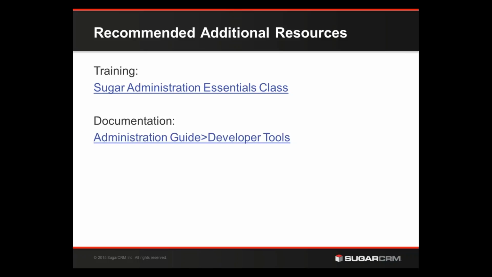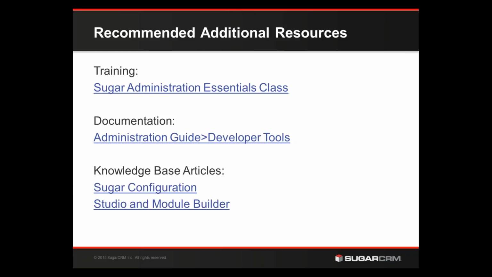There's also the developer tools section in the documentation, and there are several knowledge base articles under Sugar Configuration, Studio, and Module Builder. Module Builder will actually allow you, within the UI, to create a brand new module, call it whatever you want, have any layouts and fields you want, and connect the relationships to whatever modules you want.